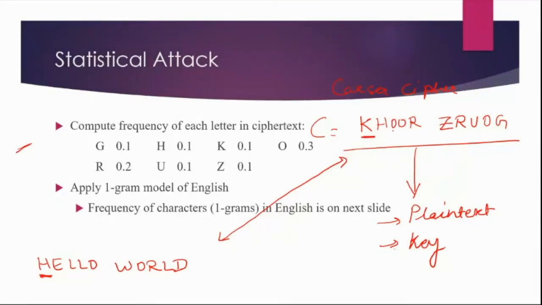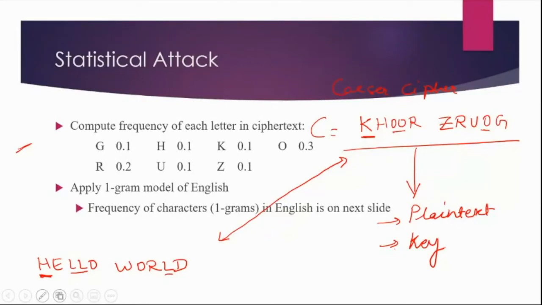Suppose O is coming 3 times in the entire text. Whatever character corresponds to O, O being a ciphertext character, also appears 3 times in the plain text. This is called frequency correlation. There is very high frequency correlation between the ciphertext and the plain text.